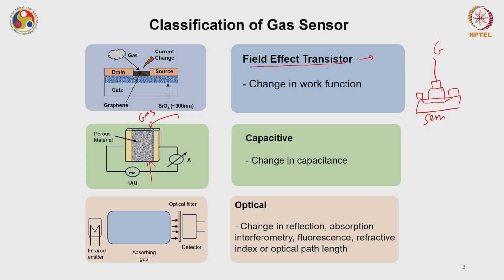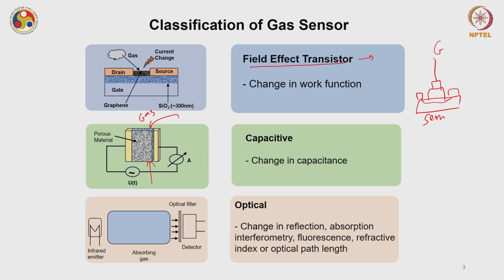For optical gas sensors, there are a number of opportunities where someone can tap its property. Okay, so an optical gas sensor can be based on change in reflection, it can be based on absorption, it can also be an interferometry kind of device. Using fluorescent properties, some of the materials have been reported as excellent fluorescent gas sensors.